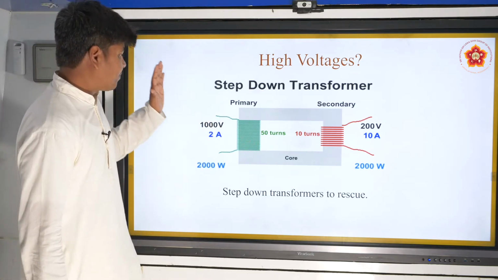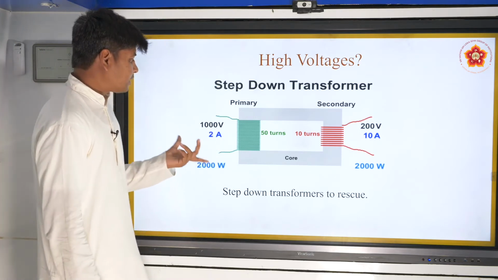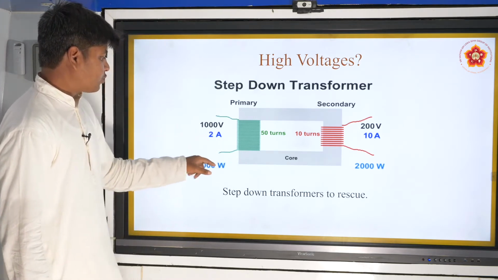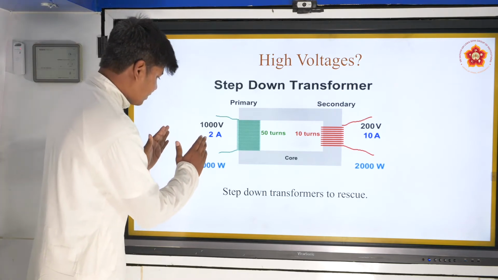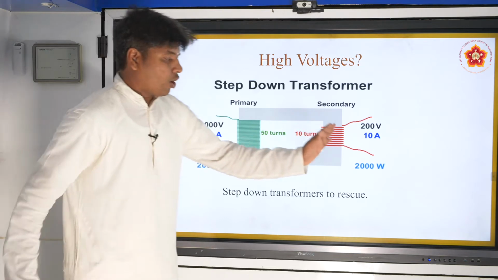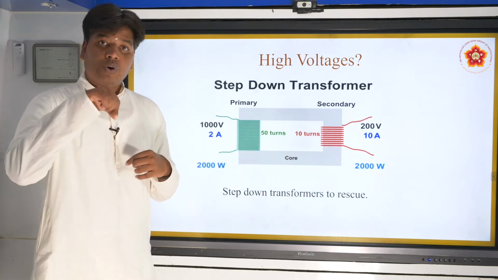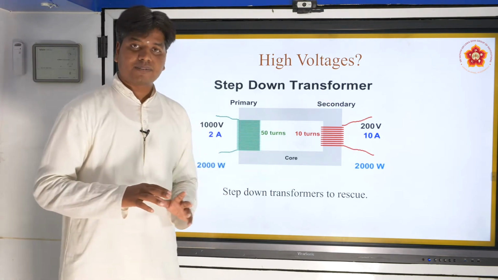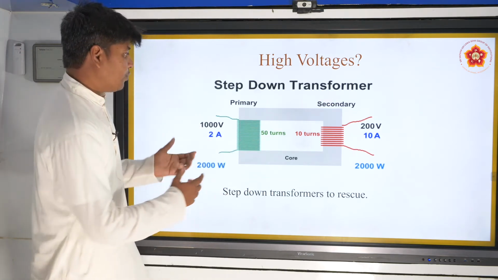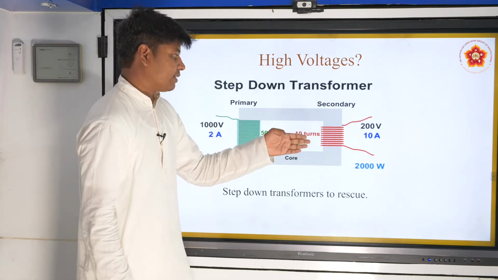The high voltage power is coming here with 2 amps. For example, the power is V into I, 2000 watts. I have to have the same power on this side, but I need relatively high current and comparatively low voltage. So we can play with the number of turns of the coils. You have 50 turns here, and we have 10 turns here.